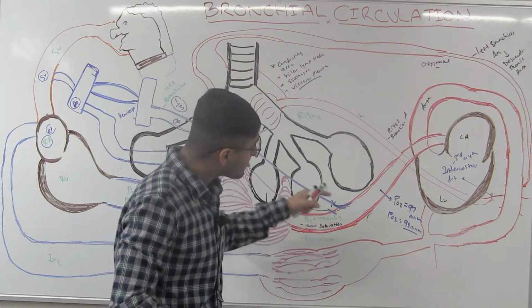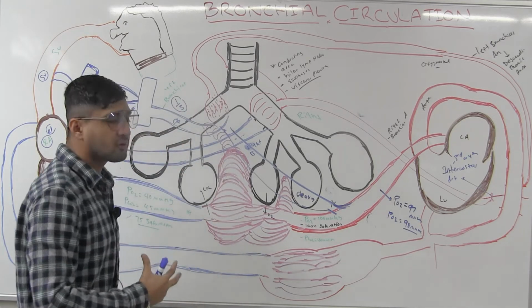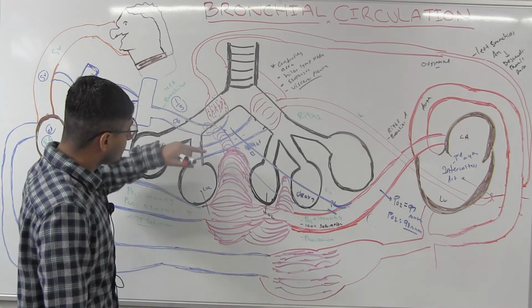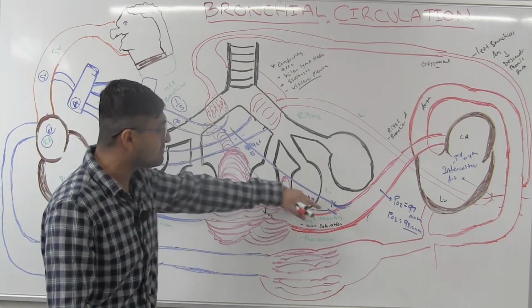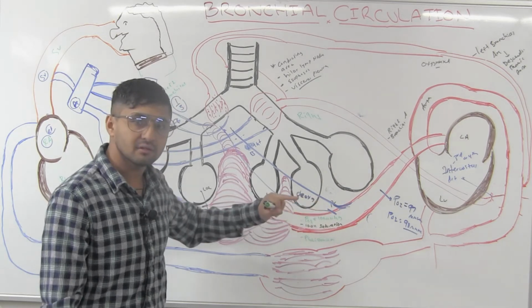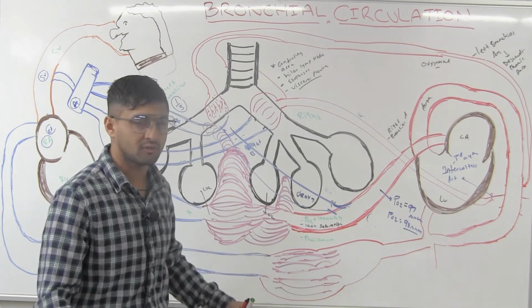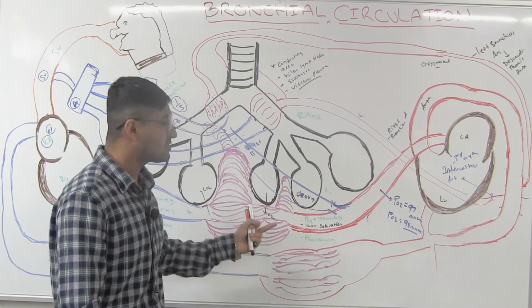Because of this shunting, we call it shunting, and the reason we call it shunting is because your mixed venous blood, your deoxygenated blood, is directly mixing with the oxygenated blood, okay? That phenomenon is called shunting. But this is normal physiological shunting.